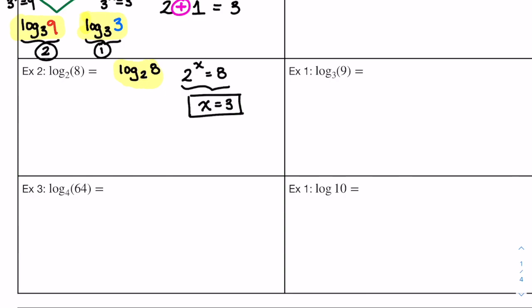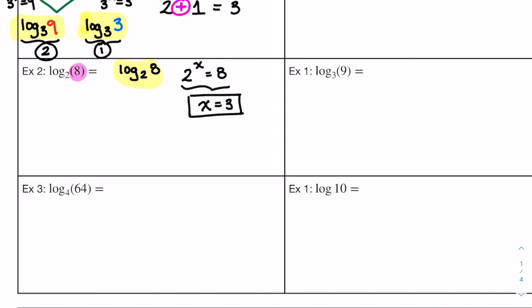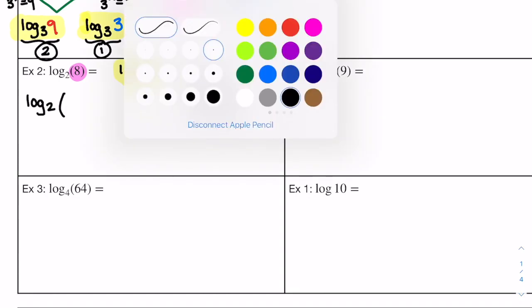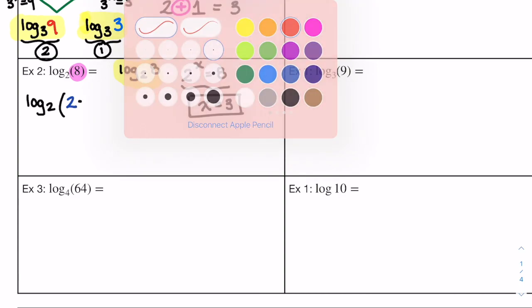So again, let's think, what if we broke that down? Let's say we broke it down into log base 2 of 2 times 4.